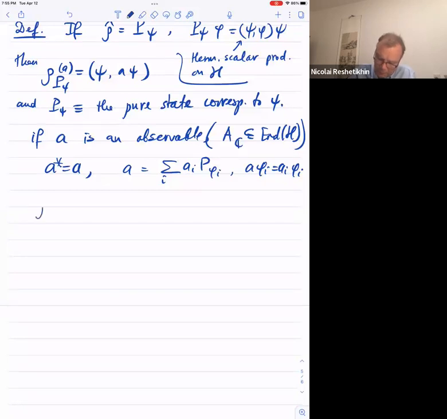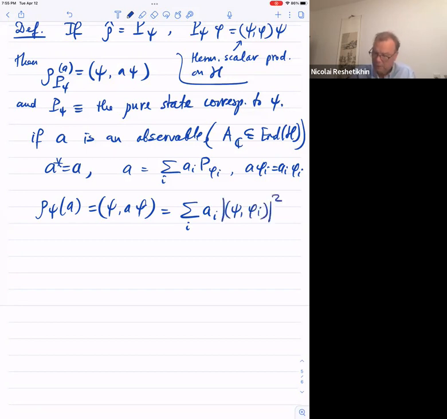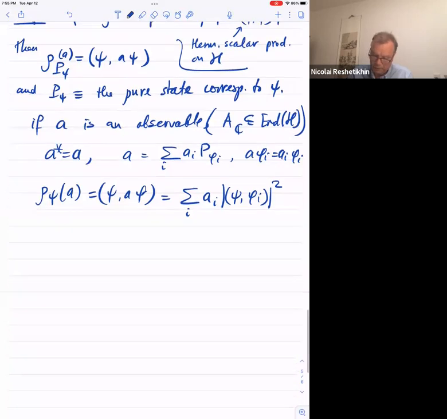So then rho psi of A, which is this matrix element, is the sum over i of a i times, as a simple exercise in linear algebra, the absolute value of the scalar product of psi and phi i, squared.